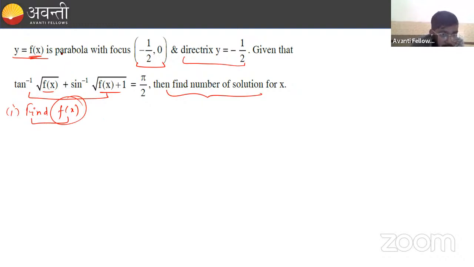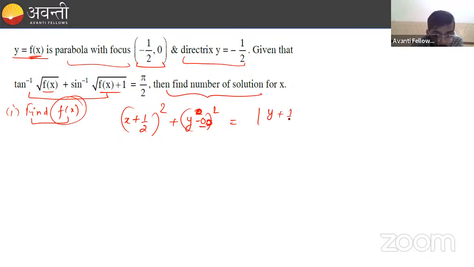So to find f of x, what we can do here is to find this particular parabola. We know that when the focus and directrix are given, we can write the parabola as x plus half whole square plus y square equals mod of y plus half square upon 1, since the coefficient is 1.